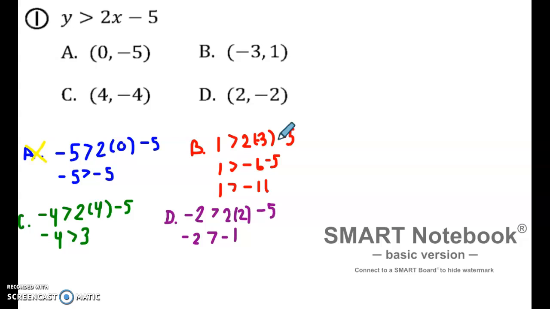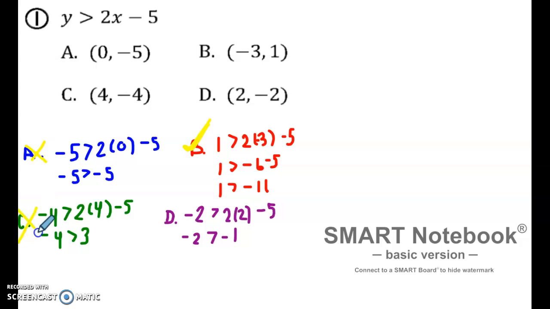For B, when we substitute in, we get 1 is greater than negative 11. Is that true? Yes, that is true, so B might be our answer. Let's check the rest of them just to make sure. For C, when we substitute in negative 4 for y and 4 for x, we end up getting that negative 4 is greater than 3.